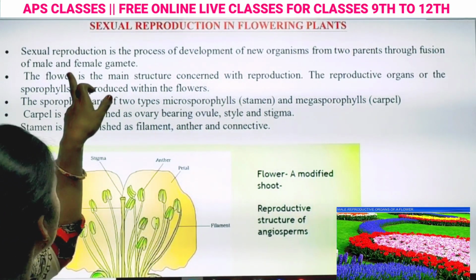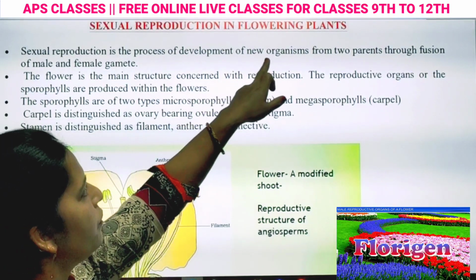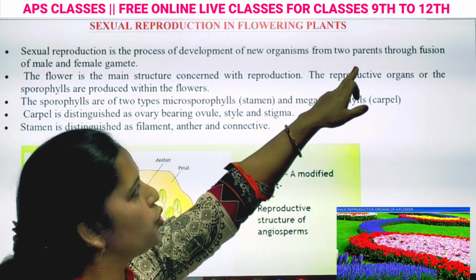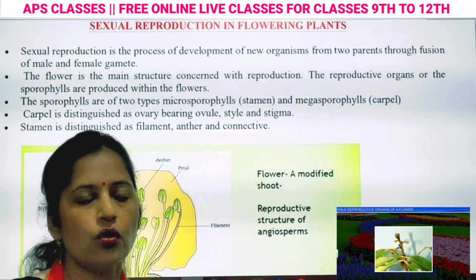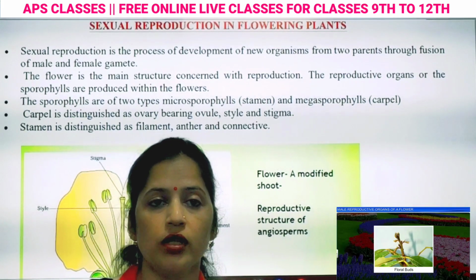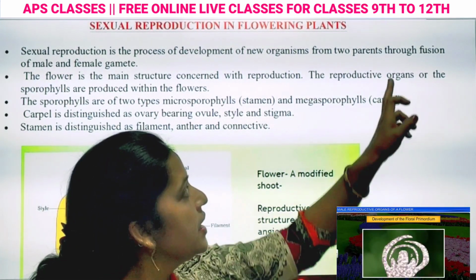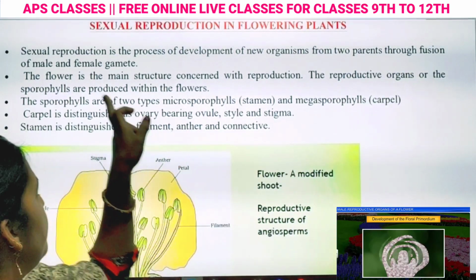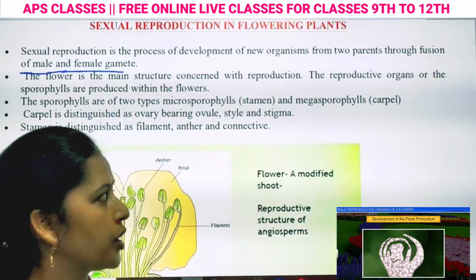So let us start with sexual reproduction, which is the process of development of new organisms from two parents through the fusion of male and female gametes. So this is sexual reproduction.